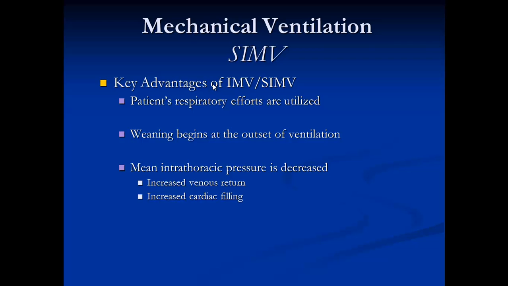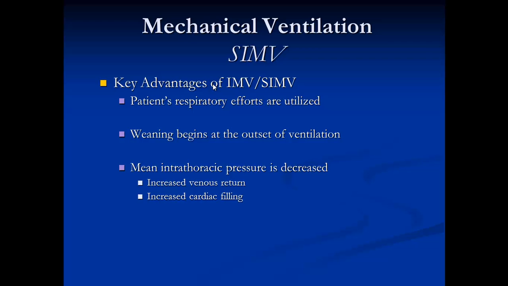So if the patient starts initially in assist control and you would like to wean the patient off, you could either recruit intercostal muscles and diaphragm to make the patient stronger and tolerate CPAP better with SIMV, or just go straight to CPAP.